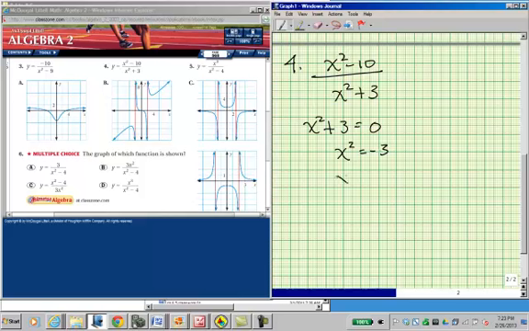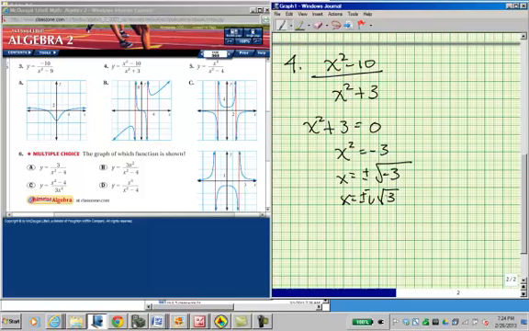Okay, x is going to equal plus minus the square root of negative 3. Now, that's a complex number. It would be x equals plus minus i root 3. That's fine. But it's not a real number, and we can't graph it on the xy coordinate system, which is only for real numbers. Okay, there is no place for complex numbers on this graph.